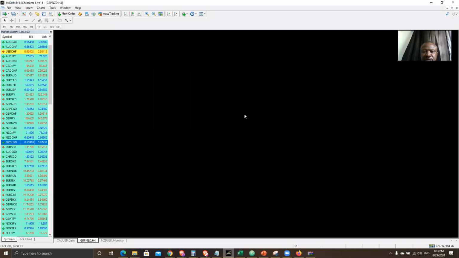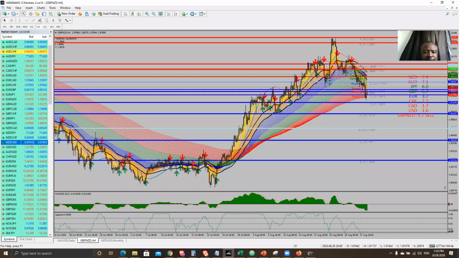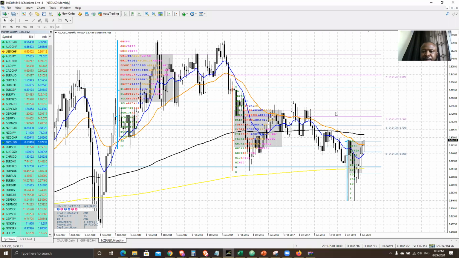So New Zealand against the dollar now. Looking at this chart on the monthly, it is quite positive. The strength is there on the New Zealand, okay? When you can see strength, it's not usually a good thing to go against strength.